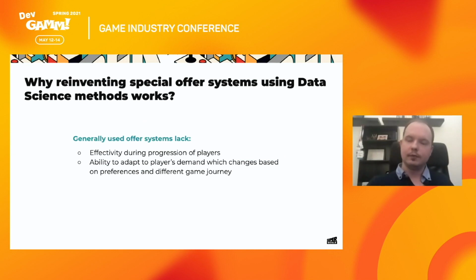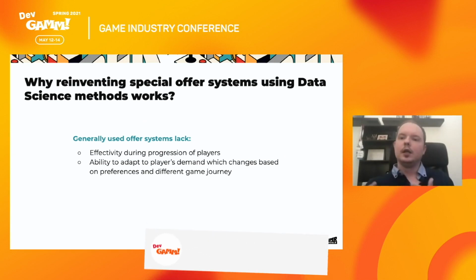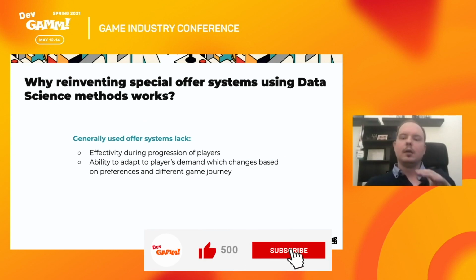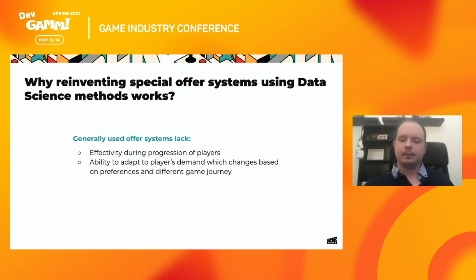Through data science, we can understand this automatically and optimize the supply at the points during the progression where the demand is not met by the supply. Data science type special offer systems can really adapt to players' demand, which changes based on preferences and different game journeys, of course. So that's why it works in general: we create a better supply for the actual demand in the game.